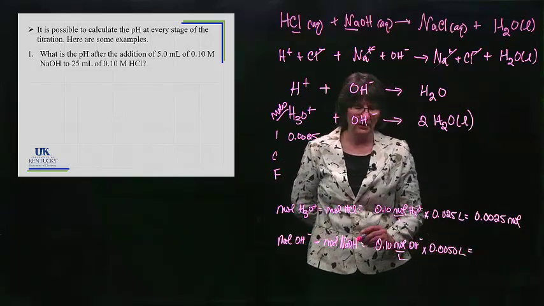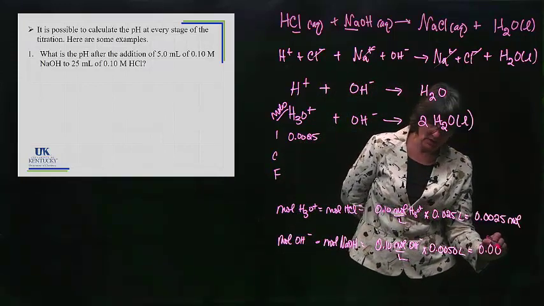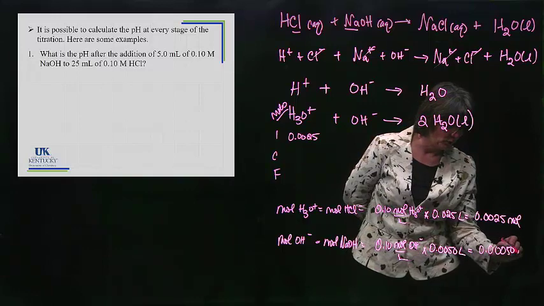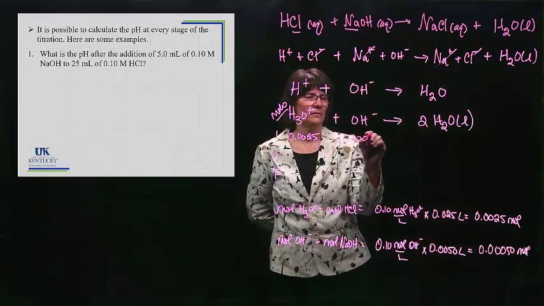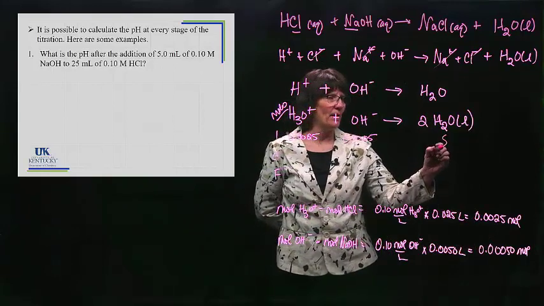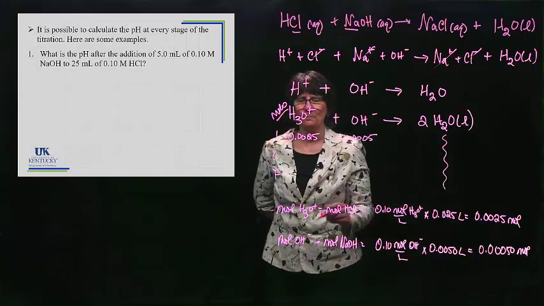That's going to give me 0.0005 moles. And I can plug that in here. I don't care about the water. There's a lot of water there, so we don't worry about that number.